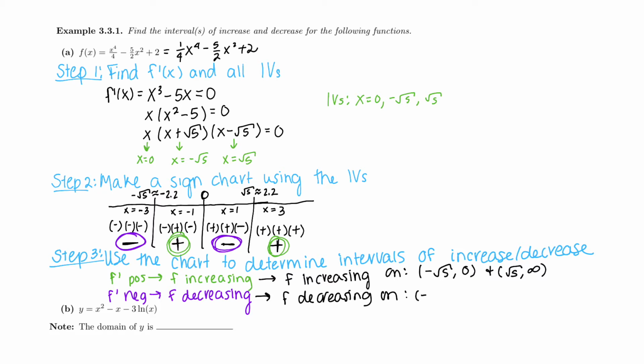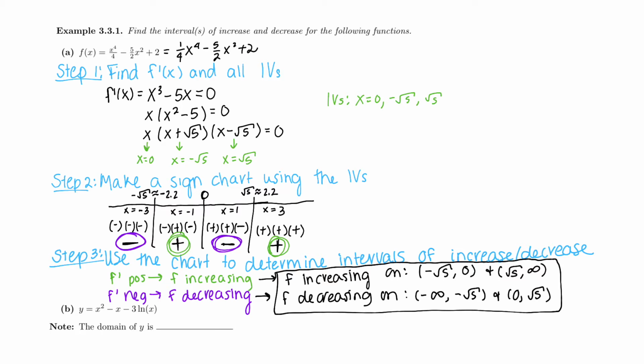So it's decreasing on negative infinity to negative square root 5 and 0 to square root 5. Can I answer questions on finding those intervals of increase and decrease?